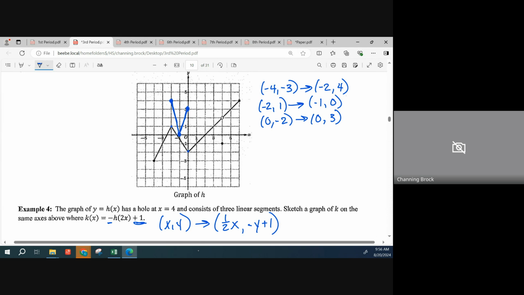Let's see. I guess the hole is the next one. The hole is at 4, 2. And that would be 2, negative 1. 2, negative 1, hole. And then I've got the solid point that's like disconnected at 4, -1.